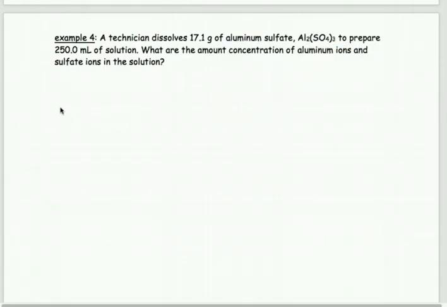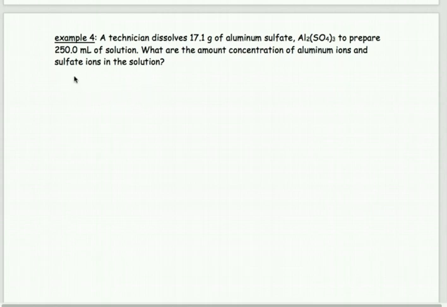Okay, last example. A technician dissolves 17.1 grams of aluminum sulfate to make a solution. What amount, concentration of aluminum ions and sulfate ions are there in the solution? Okay, so all we're doing is a dissociation equation.